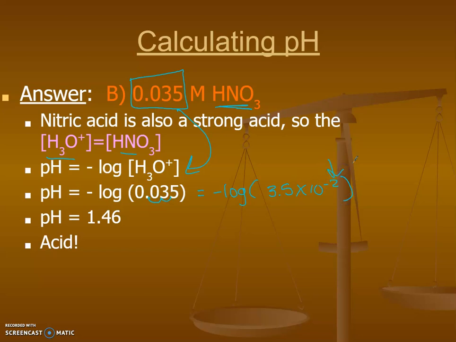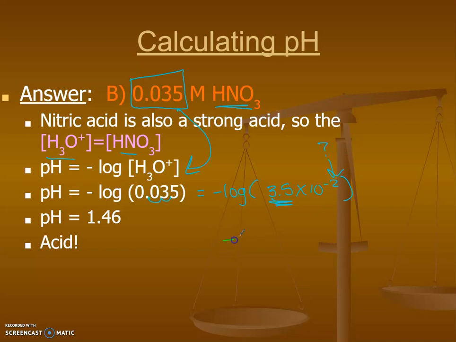We can't just say that this is a pH of 2. This is going to be close to 2, but it is not a 1 times 10 to the negative second value that we are plugging in. So when you are plugging this into your calculator, you have to plug in the 3.5 times 10 to the negative second. Do you remember how to do that?